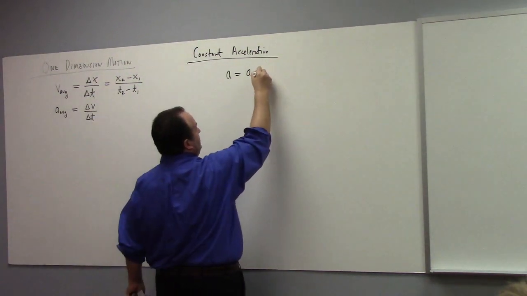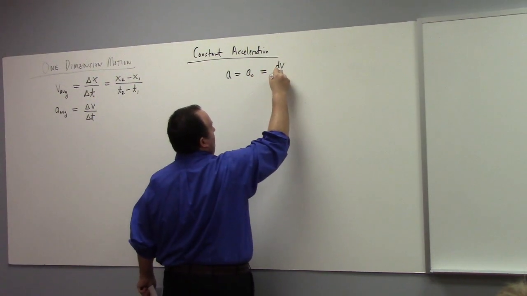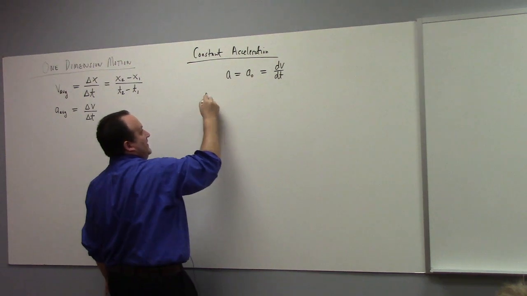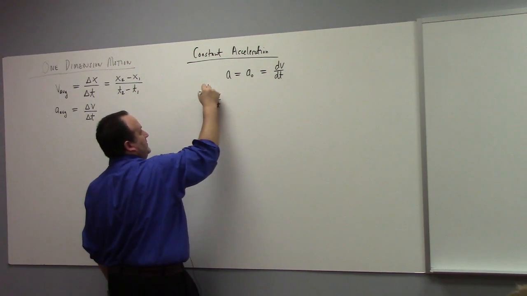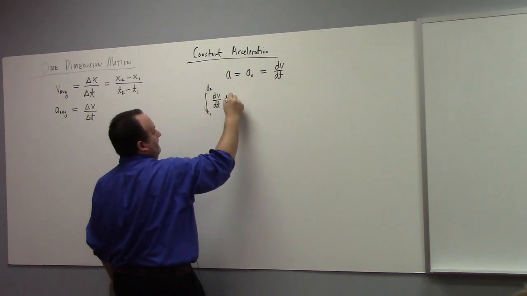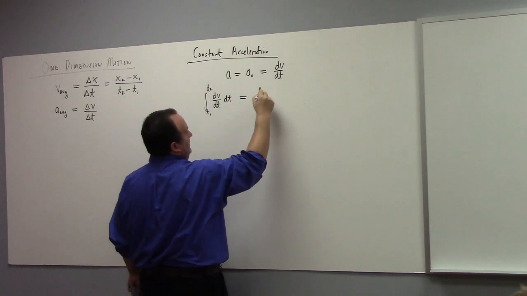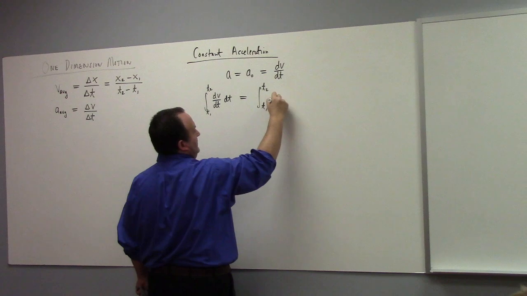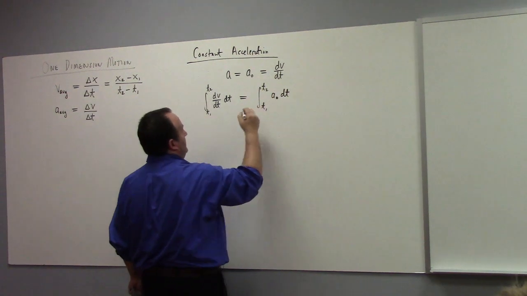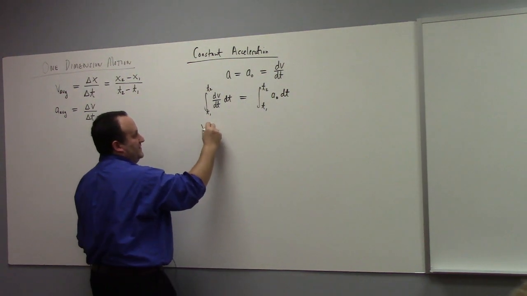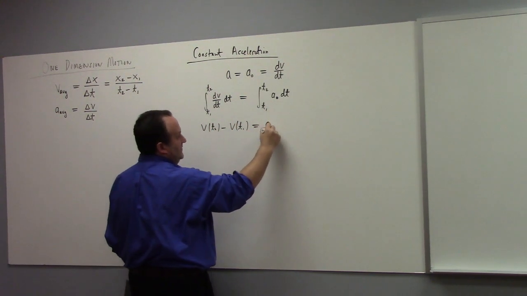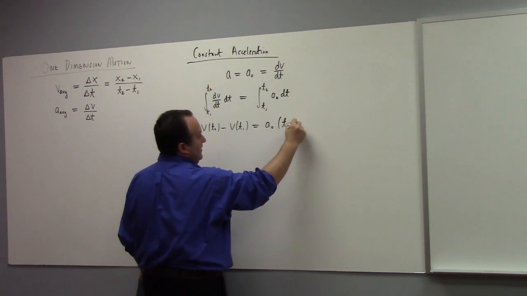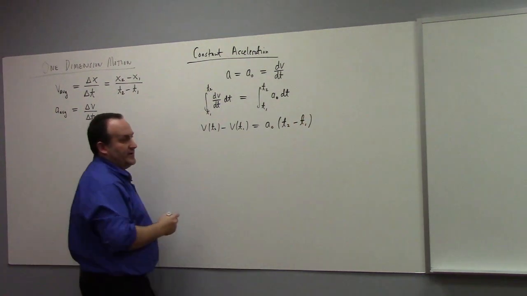And if that's equal to dv/dt, we can integrate both sides, say from t1 to t2, of a sub 0 dt, and this gives us v of t2 minus v of t1 is equal to a sub 0 times t2 minus t1, right?